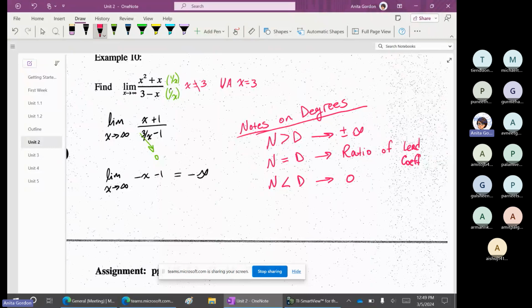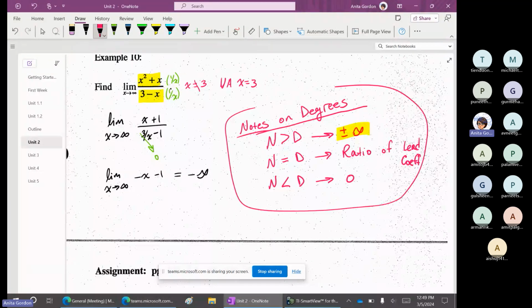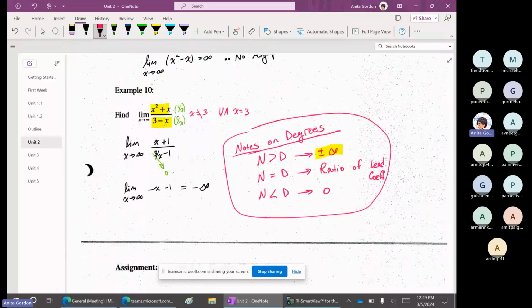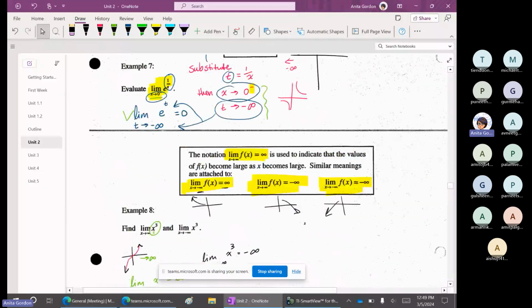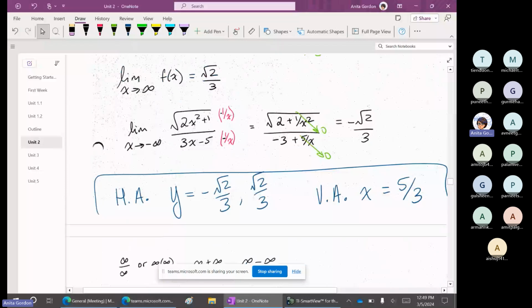So, does what we just did match? The numerator is higher than the denominator, and it reached negative infinity, which matches, and the negative is determined by the coefficients. Okay, so here is just a little note card of information. You have lots of other note cards of information here.